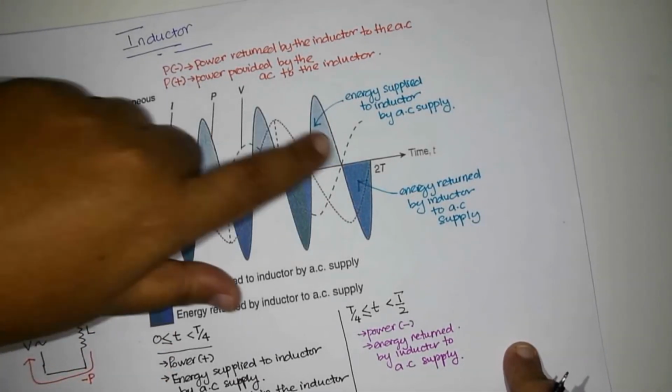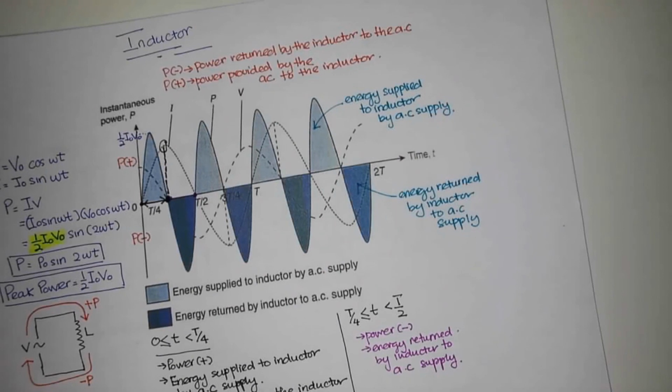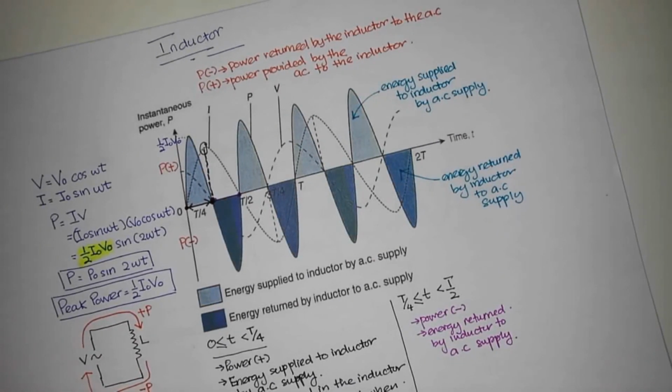This process is repeated. What else can we get from this information, which I'm going to write down in this green color.